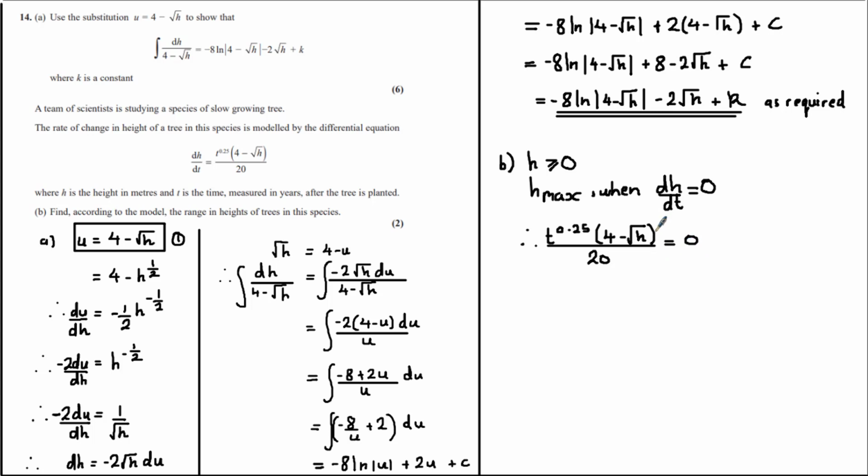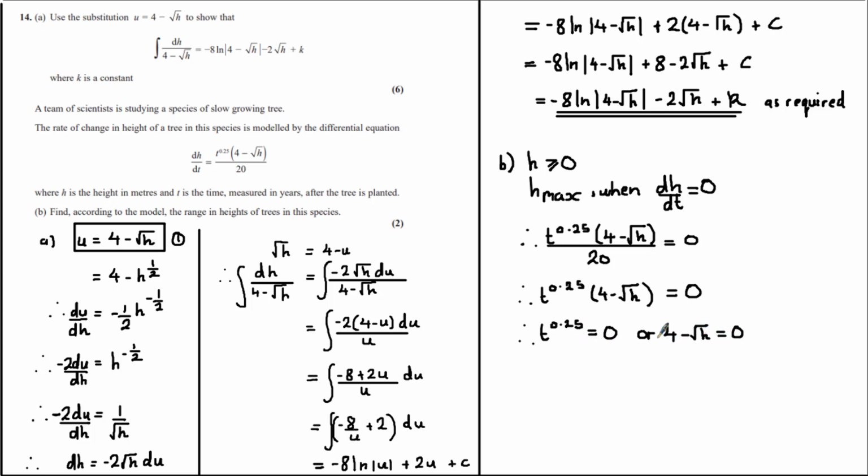So let's solve this for h to find the maximum height. Multiplying both sides by 20, we get t to the power of 0.25 times 4 minus root h is equal to 0. Here we have a product of functions which is equal to 0, and therefore t to the power of 0.25 is equal to 0, or 4 minus the square root of h is equal to 0.